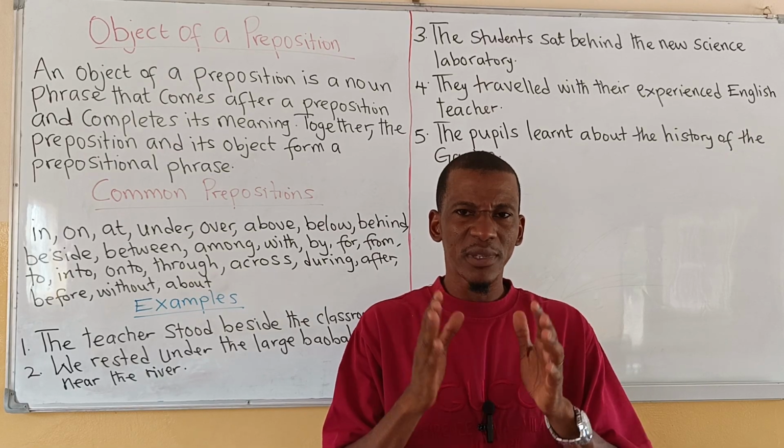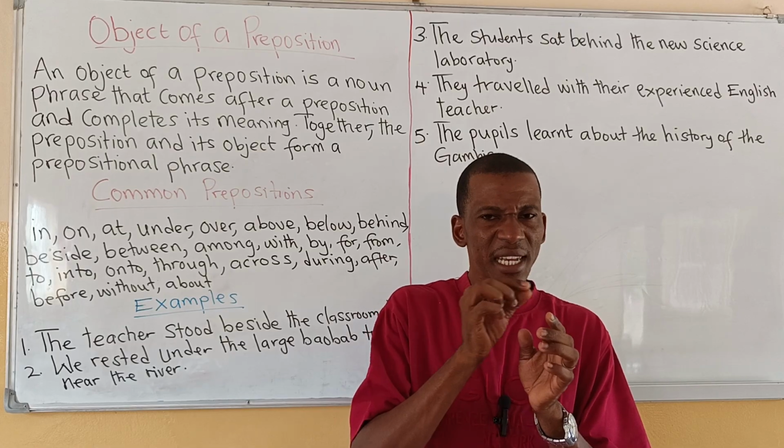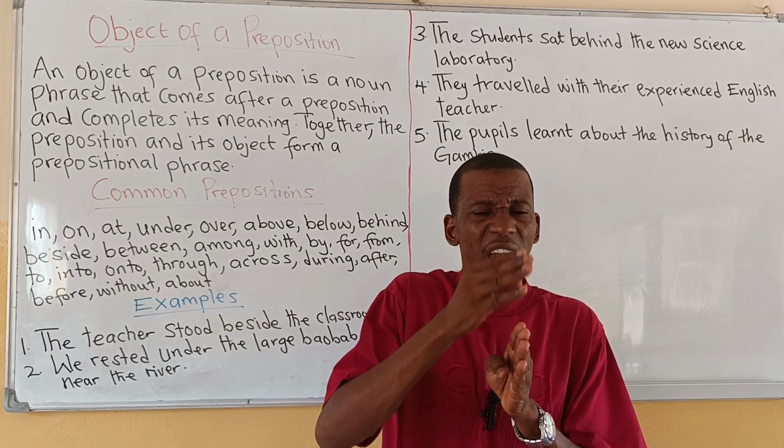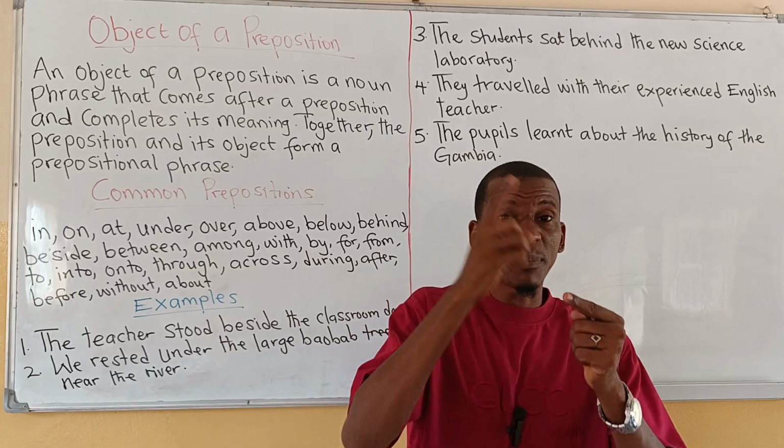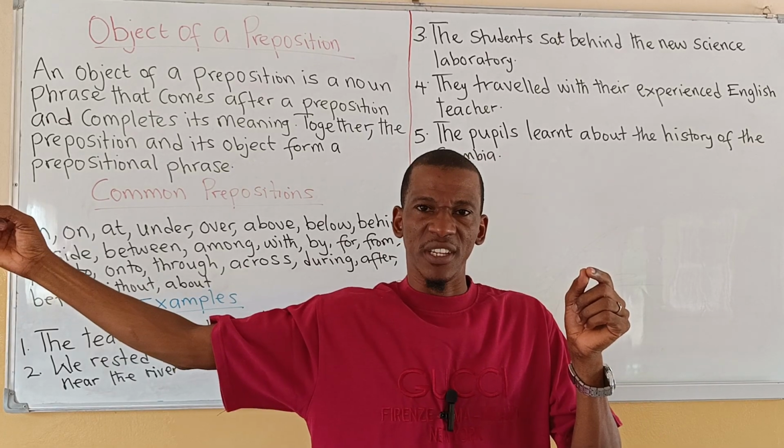When we say the object of a preposition, it is a noun phrase that comes immediately after the preposition, meaning you have the preposition, then after the preposition, you have the noun phrase.